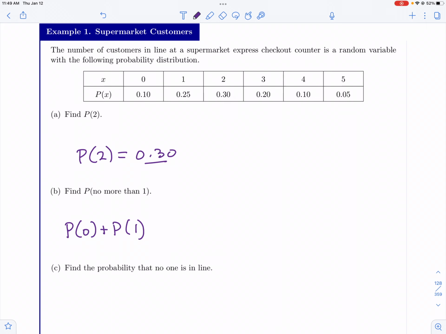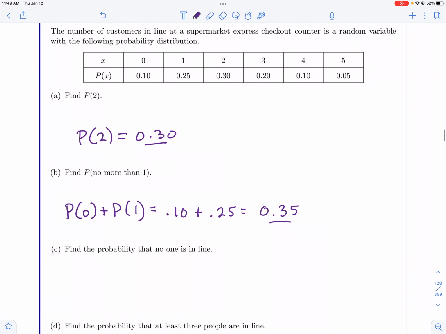So we're going back to using our adding rule to do these kinds of problems. In this case, the probability of 0 is 0.10, the probability of 1 is 0.25. So it looks like we've got a 0.35 chance of having no more than one person in line, or a 35% chance.